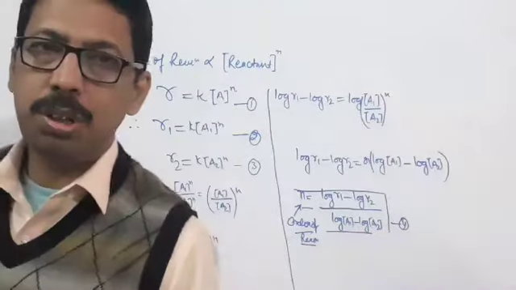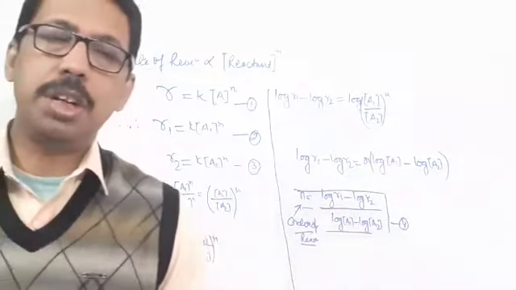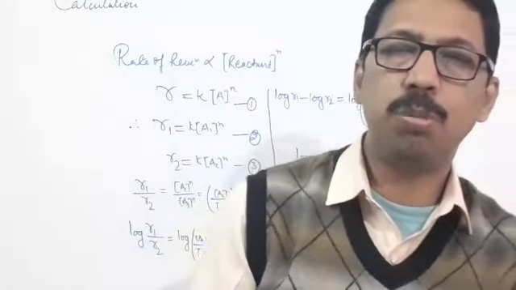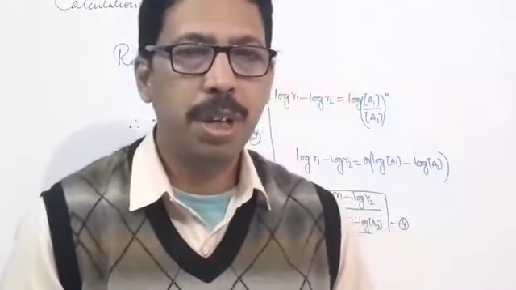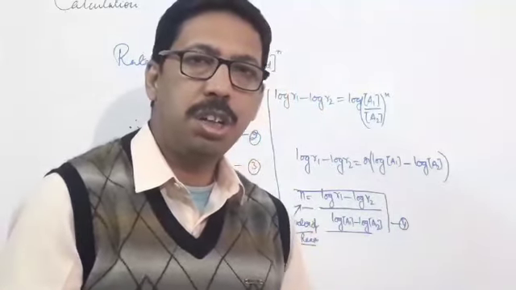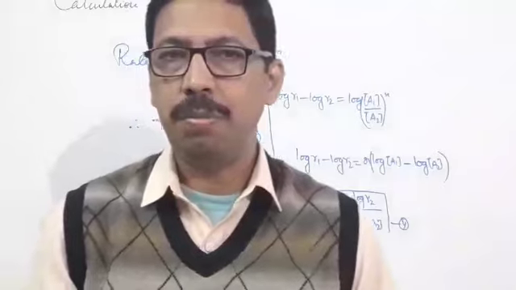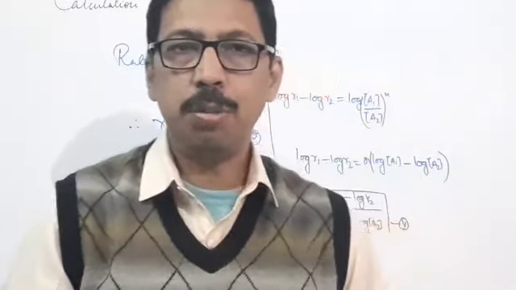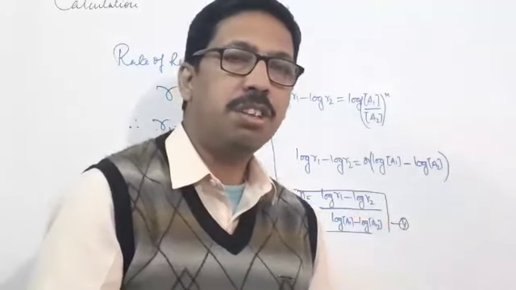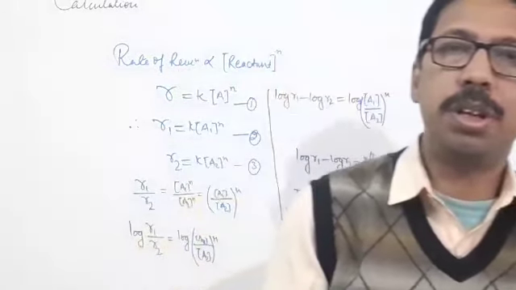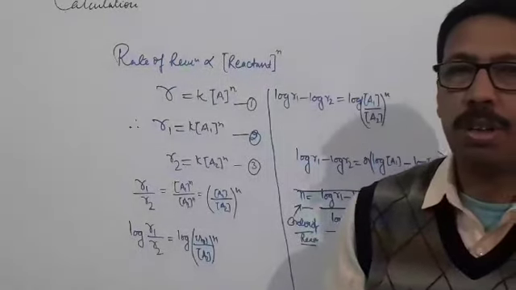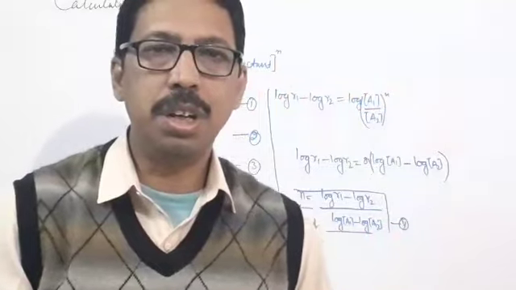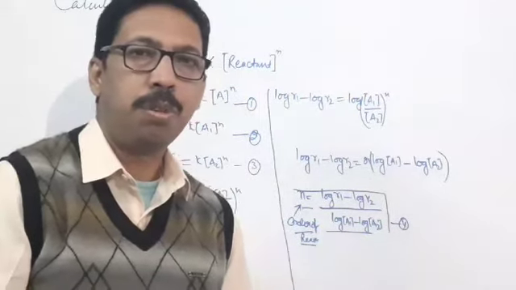And what we have studied about the rate of reaction is that it is simply the change in the concentration of the reactant and product with the change in time t. For reactant we use a negative sign, which indicates that a decrease in the concentration of the reactant is taking place, whereas in case of product we use a positive sign, indicating an increase in the concentration of product.